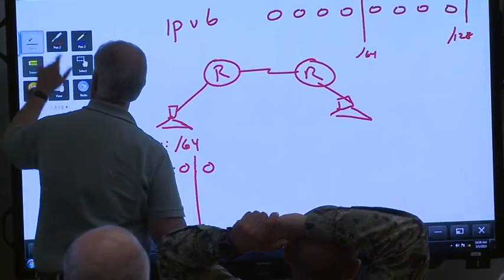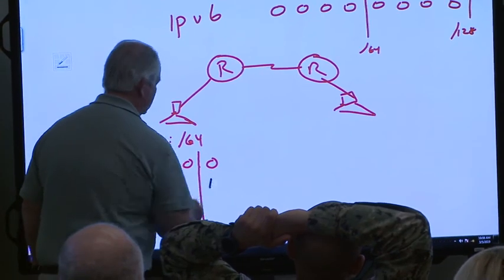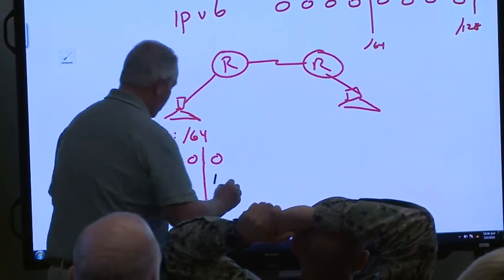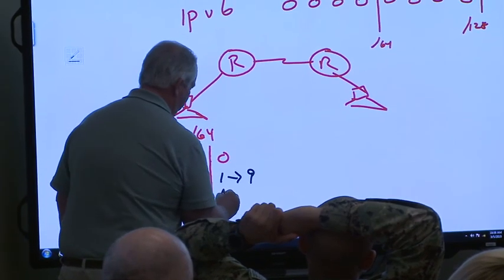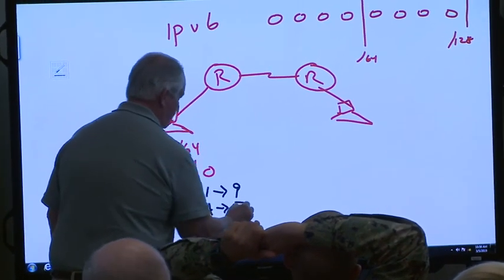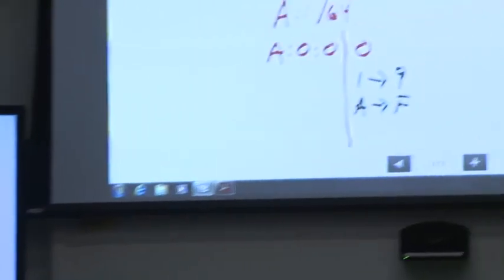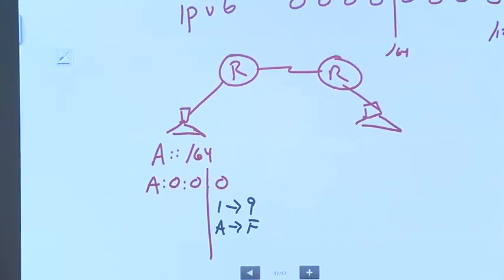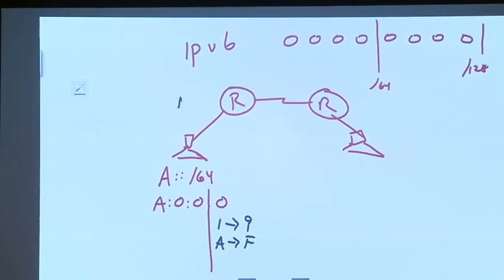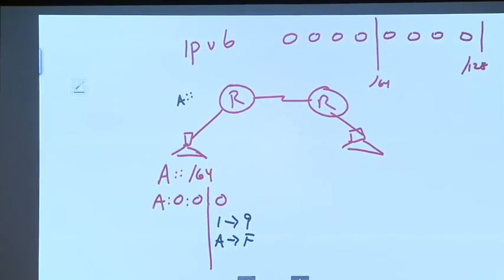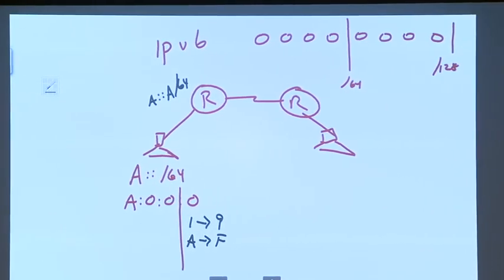Could it be anything from 1 to 9? Could it be anything from A through F? Those are the choices. I could put any one of those in there. So I could say my gateway for this is going to be A::A/64.